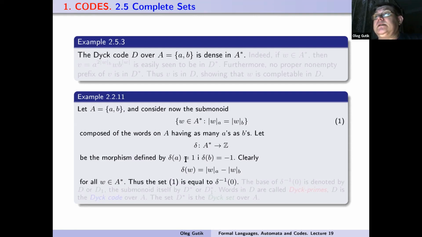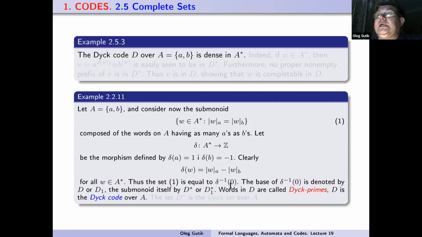Thus, such a set is equal to the inverse image of 0. The base of delta inverse of 0 is denoted by D or D1. The monoid itself is denoted by D star or D1 star. A word on D is called a Dyck primus. D is a Dyck code over alphabet A. As I said, D star is the Dyck set over alphabet A.